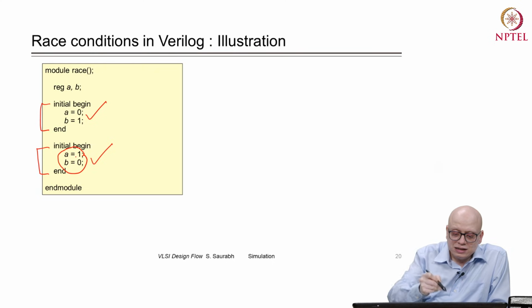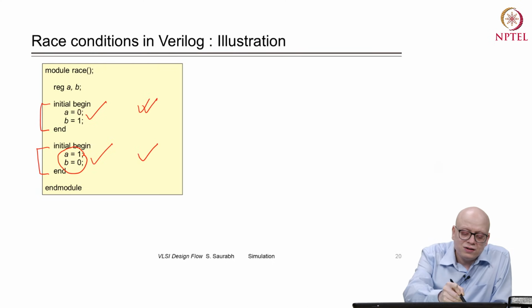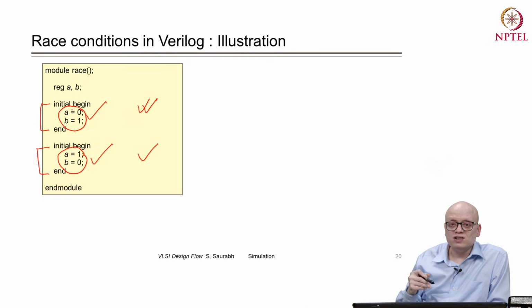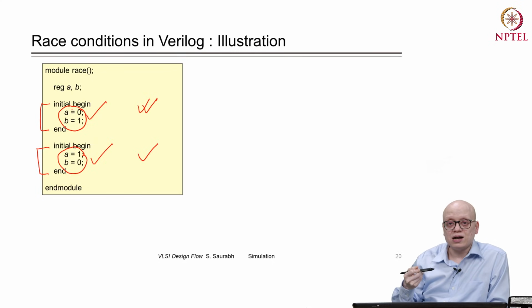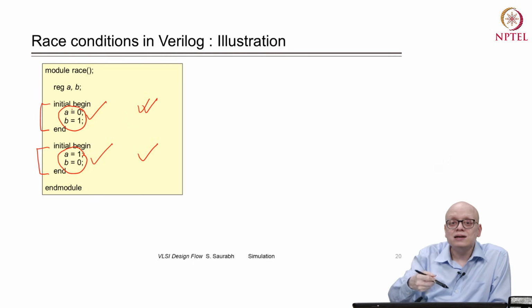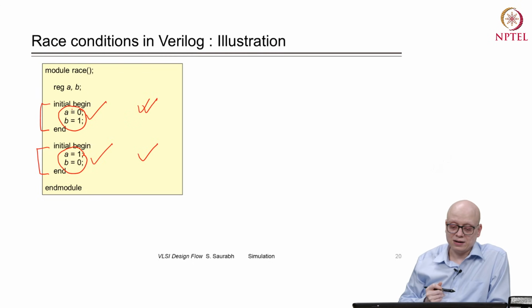But if this one is processed first and then this one, then the final value of A will be 0 and B equal to 1. Therefore, the result of the simulation depends on the order in which these initial blocks are processed, and so we say that there is a race condition.